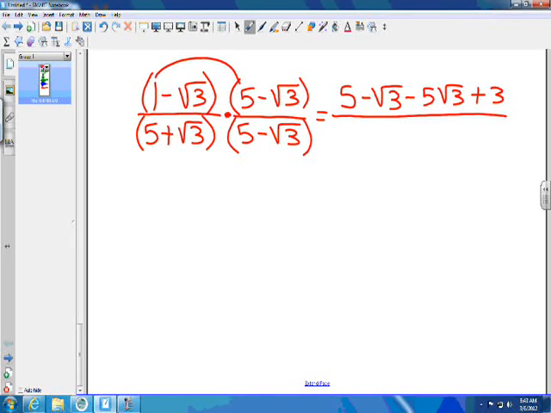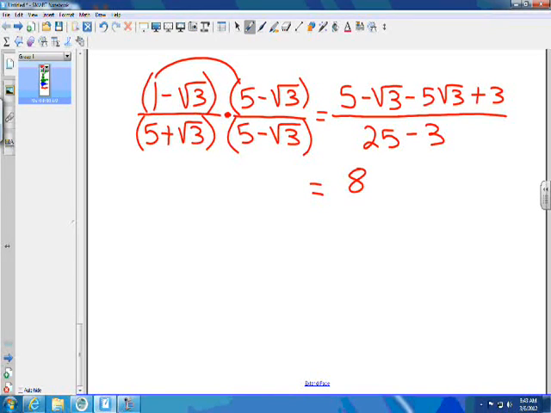And then on the bottom, we just have to do first and last. What's first? 25 minus 3. So we're getting the hang of that. Radical just cancels, leaves you with 3. Anything we can combine on the top? 5 and 3. 5 and 3 is 8.